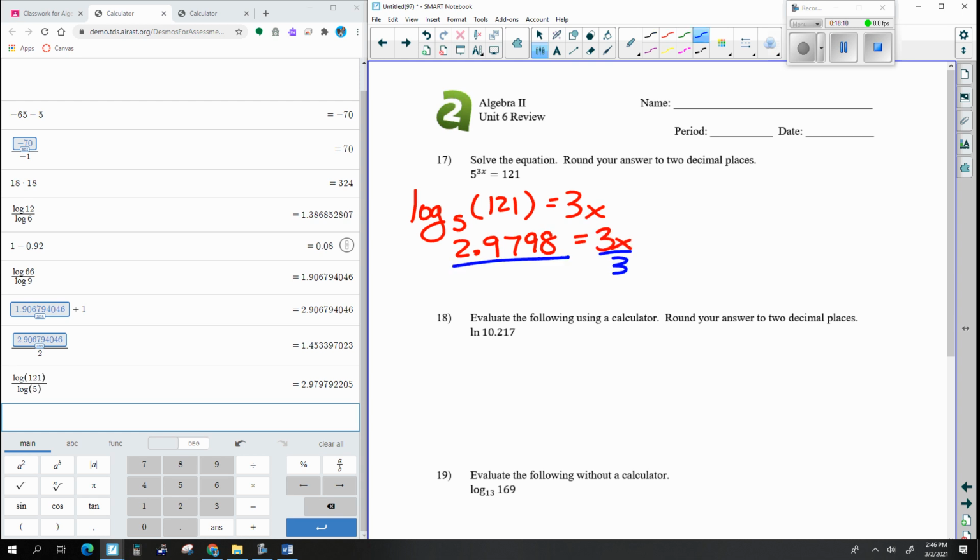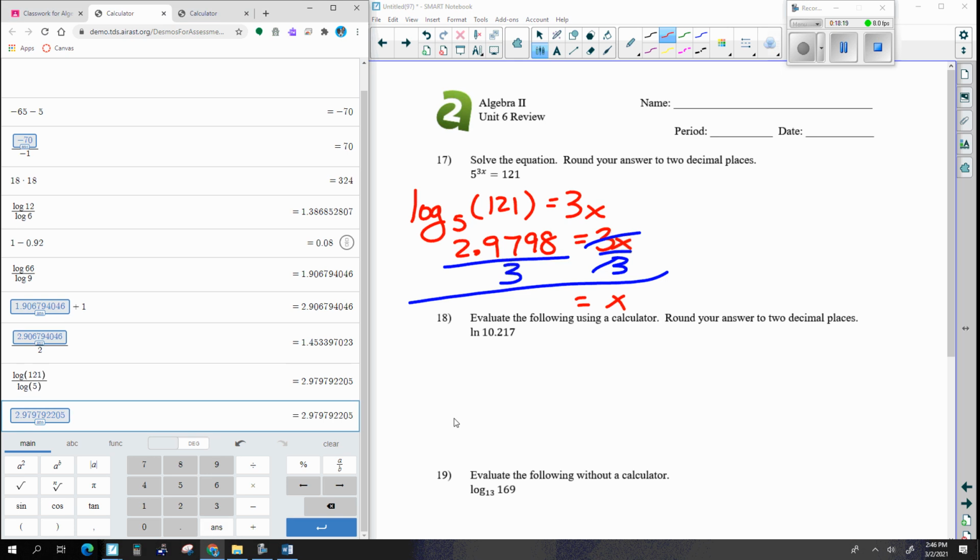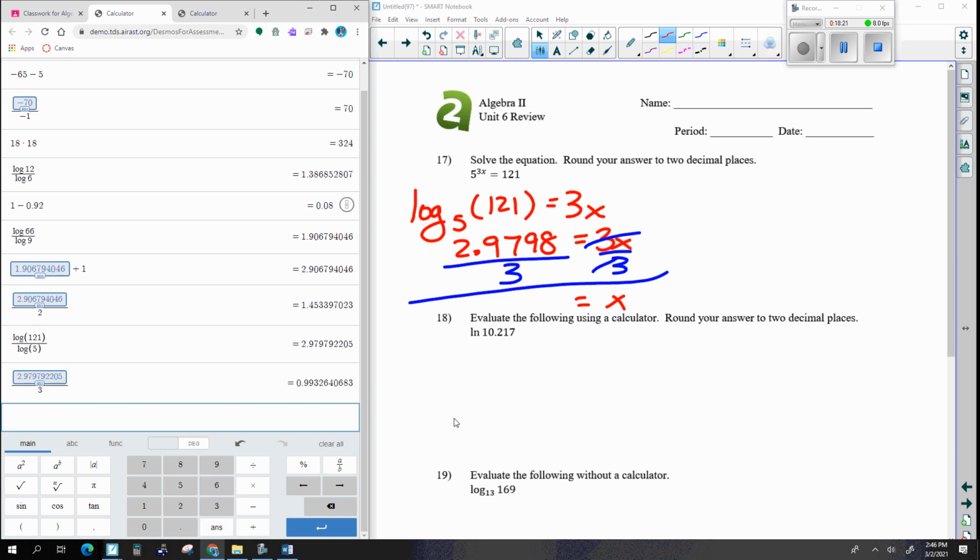Divide by 3. Two decimal places is 0.99.